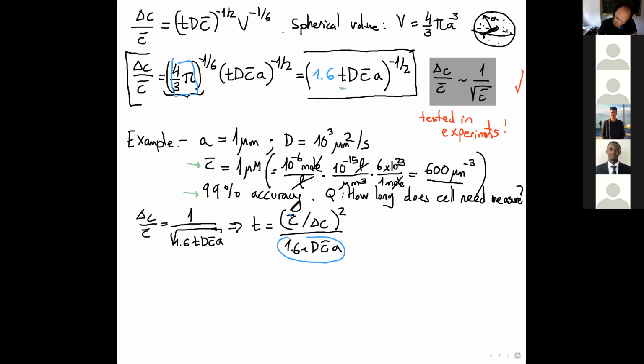And now I need to put this number. So what do I put for this number? I open the question to all of you. What is C bar divided by delta C? But actually it's probably easier if we write this one. What is delta C divided by C bar? Can anyone guess or say how much it is?